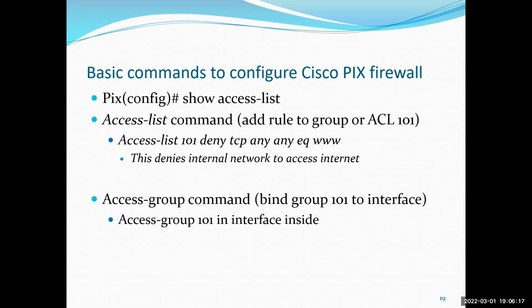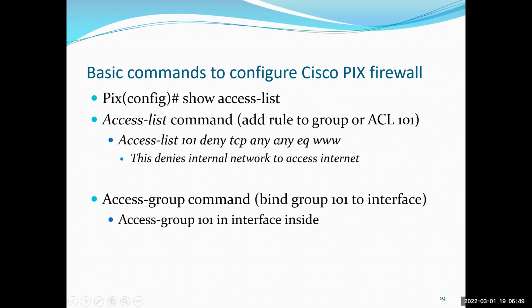The access list command you can use to add a rule. You can see that here: access list 101, deny TCP, any, equal www, or the number itself, port 80. Basically what this says is you have a set of rules, 101, and now you're saying deny or accept a specific protocol, very much like what we did with the sniffing and spoofing labs, where we were looking at specific areas of the packet.